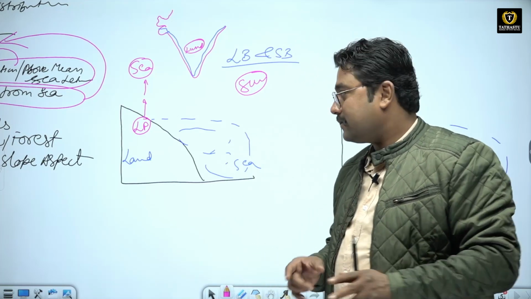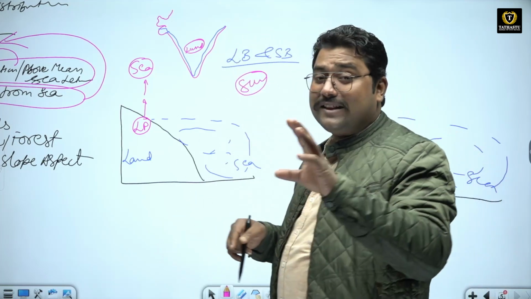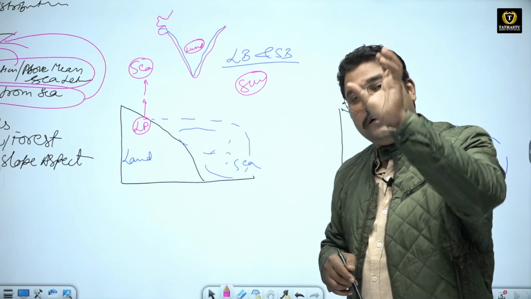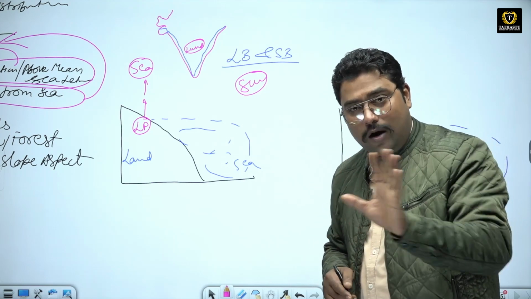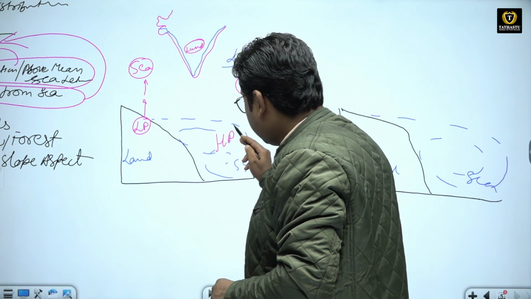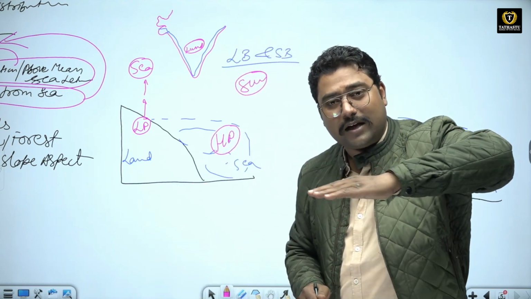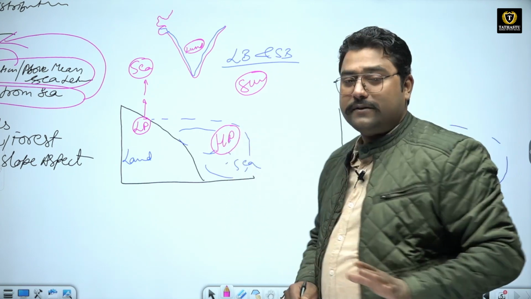First understand this. On the other hand, presently the sea is absorbing the energy, but it has not warmed up. So here the temperature is less and the air is sitting over the surface, creating high pressure.